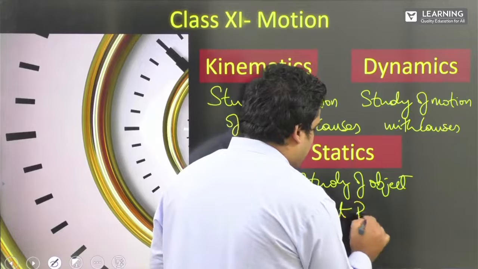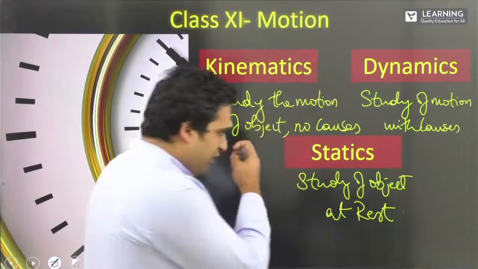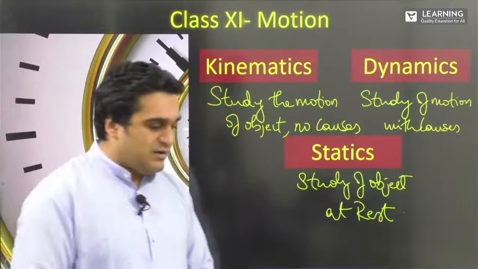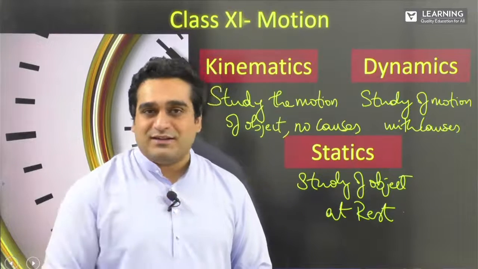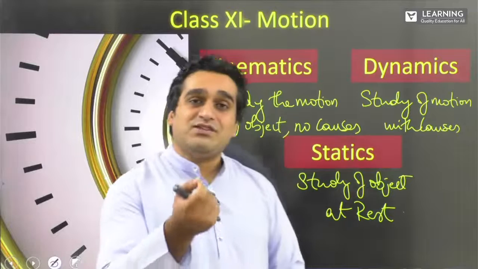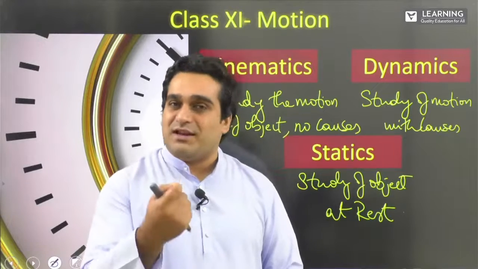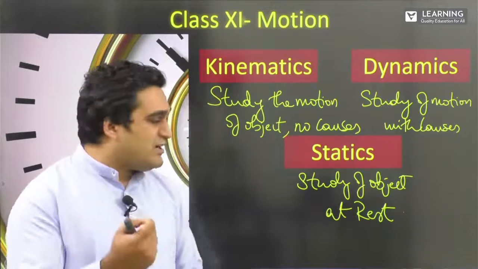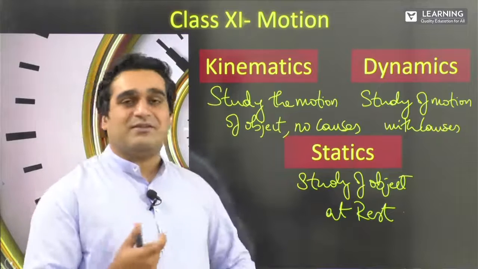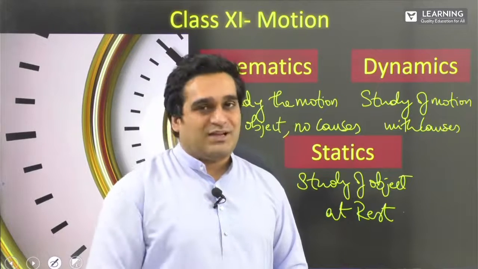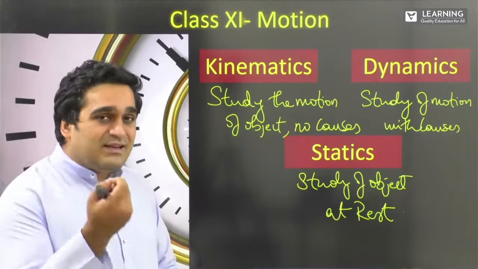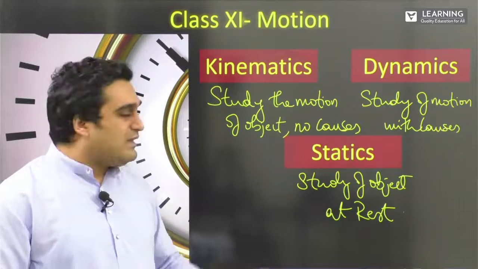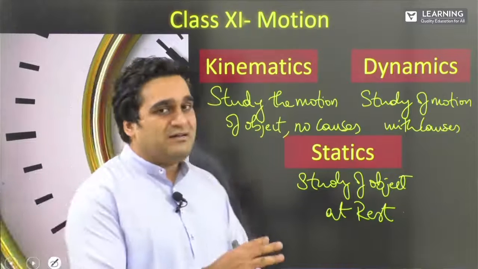Couple of examples of statics you might have learned in the lower sections: electrostatics. Electro meaning charges, statics meaning rest. The study of charges that are at rest, electrostatics. Magnetostatics, and a few other studies which deal with objects that are at rest, are termed under statics.